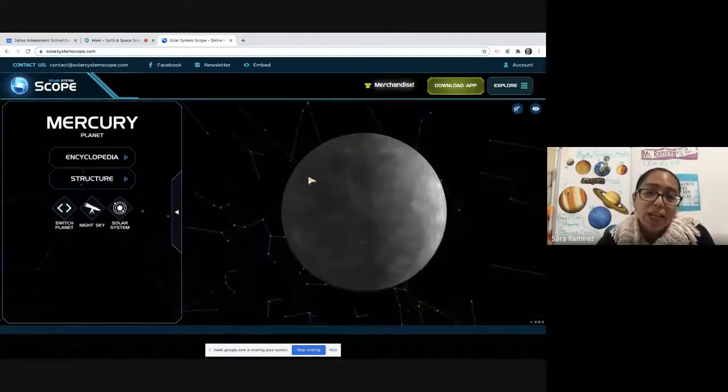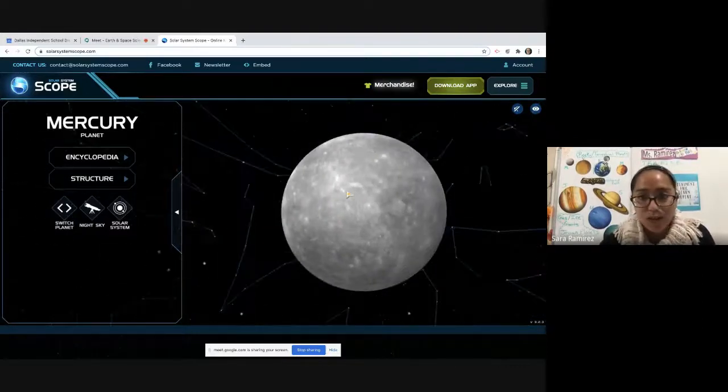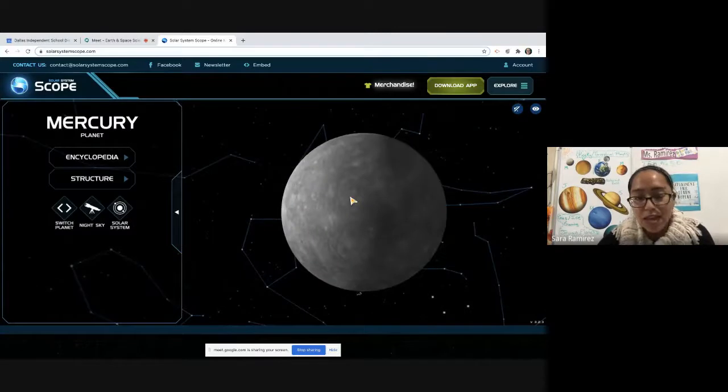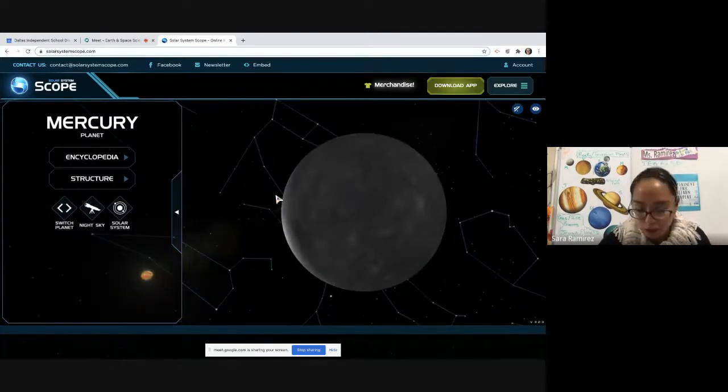Now, it is the planet closest to the sun, but it is not the hottest, and we'll talk about that in just a second. It has super long days, so it has a slow rotation. But it also has very short years. So it rotates once every 88 days, and it revolves once.